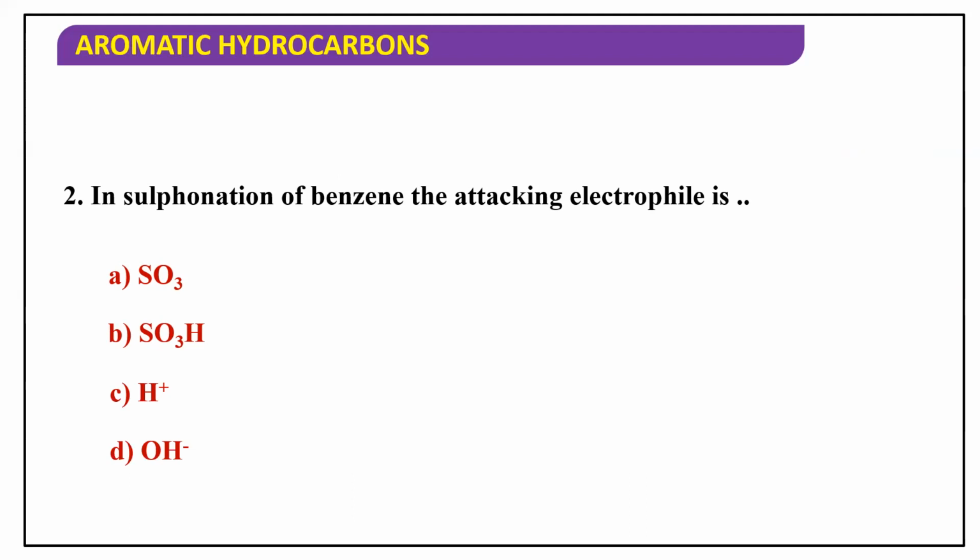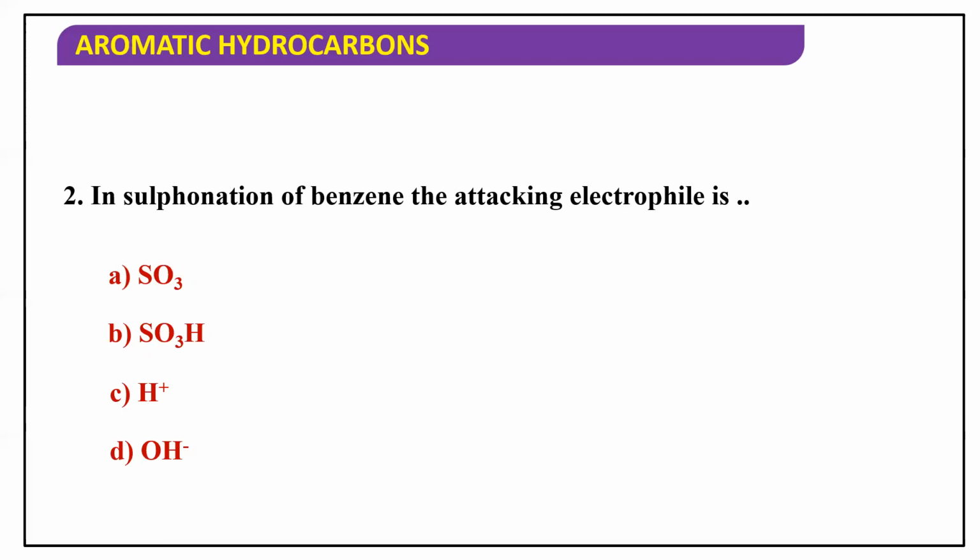Now, in sulfonation, this is a very important question. Please take this as quite important, because this has been asked multiple times. Sulfonation is the only example where we have a neutral electrophile among what we have studied. We studied chlorination, we studied bromination, we studied nitration.